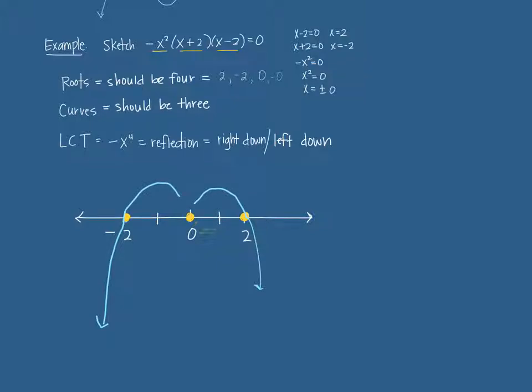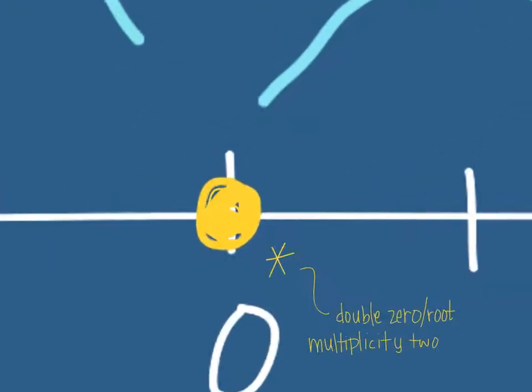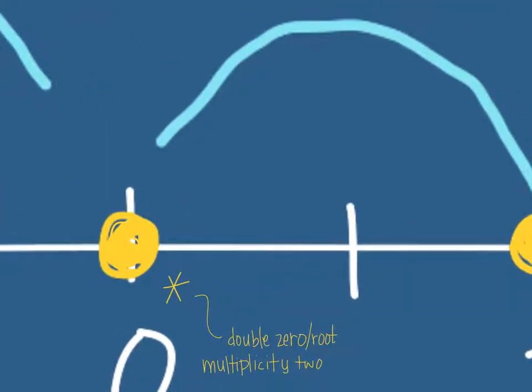And so it looks like they're going to collide at 0, but they're not. There's going to be another turn right there because we put a star by it and we identified that as a double root. So when it comes in like that, it's an extra turn. It's going to come down and just turn through there. So it's not a collision, it's an extra turn.